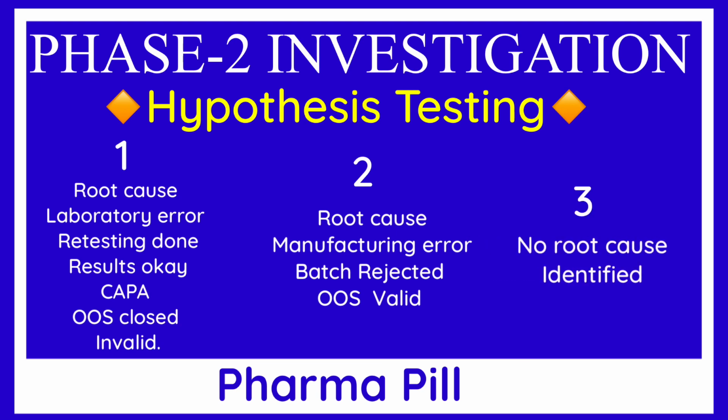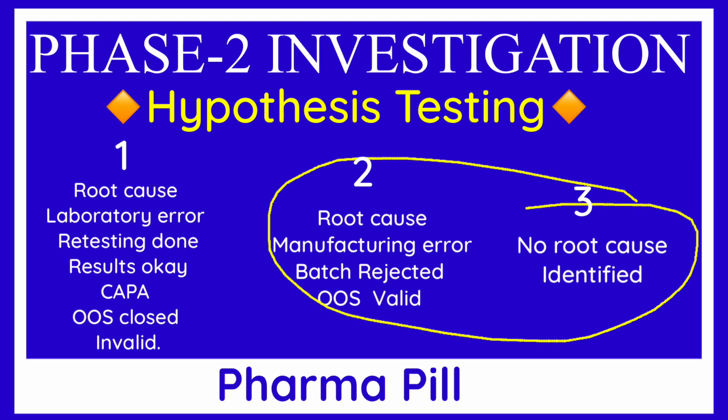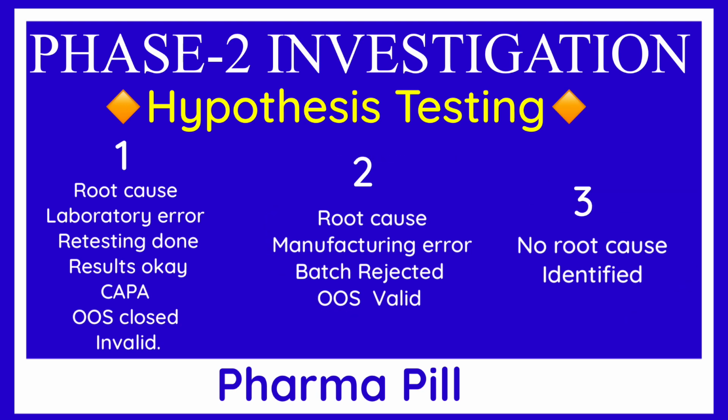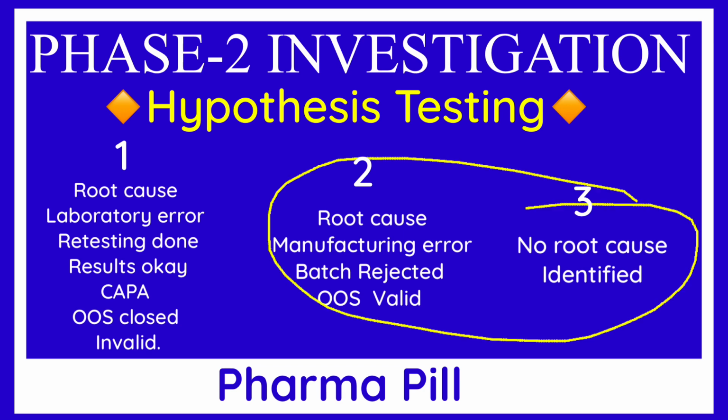Third outcome. No root cause identified from the hypothesis. Now out of these 3 situations, in these 2 situations we will do further investigation, and that will be called phase 3 investigation. So let us see what we will do in the phase 3 investigation as per MHRA OOS guideline.